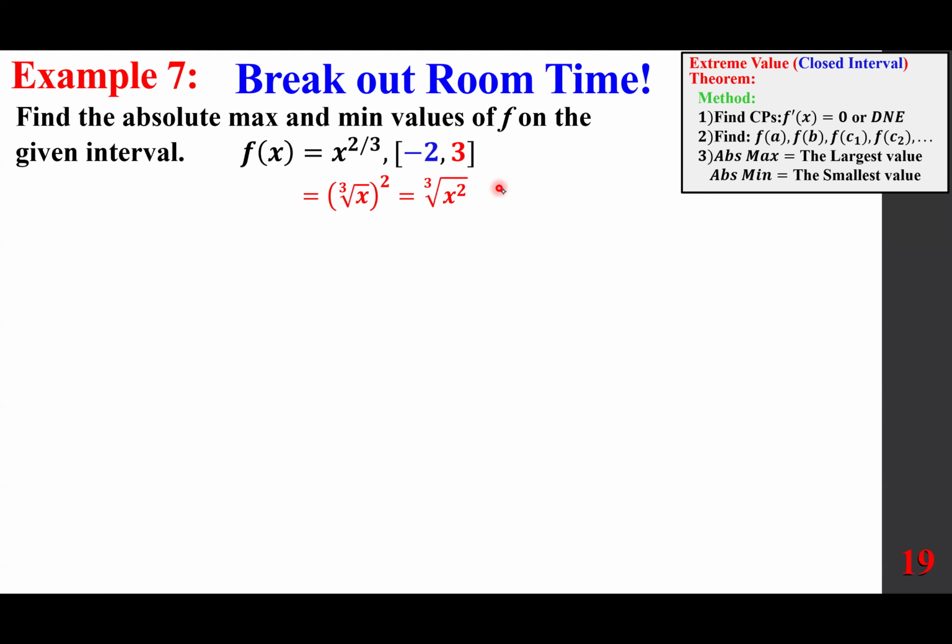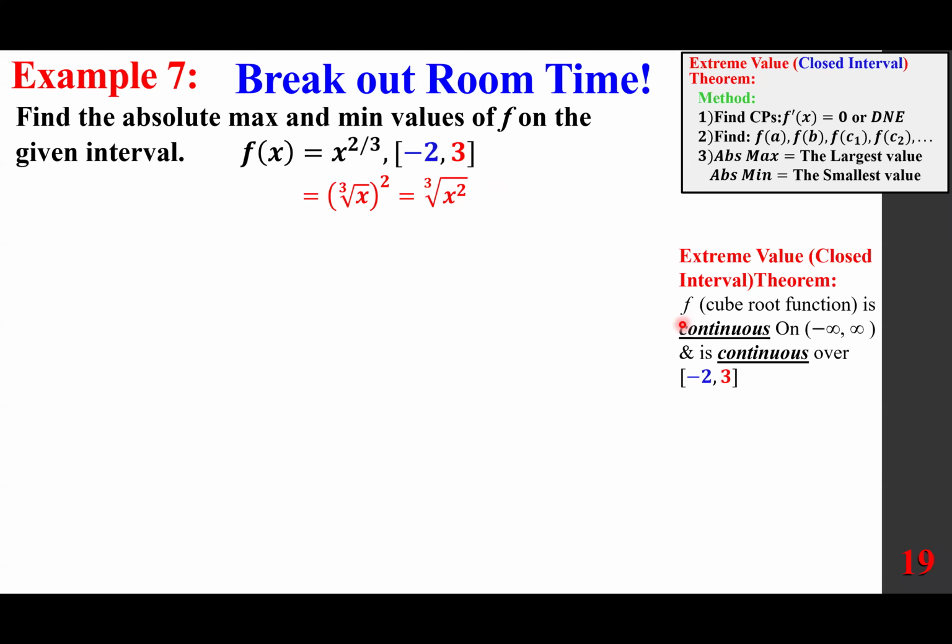As we discussed before, the domain is all real numbers. So we're going to write f is a cube root function, is continuous from negative to positive infinity, which therefore makes it continuous in the given interval of -2 to 3, closed interval of -2 to 3.